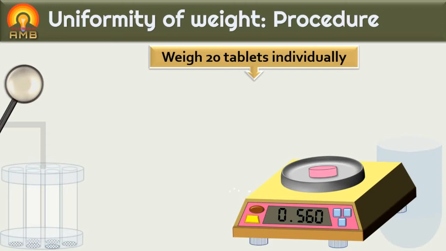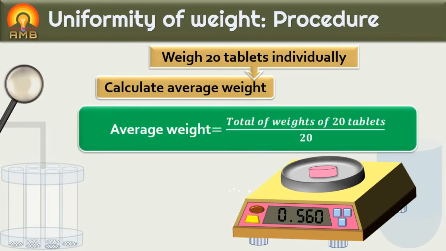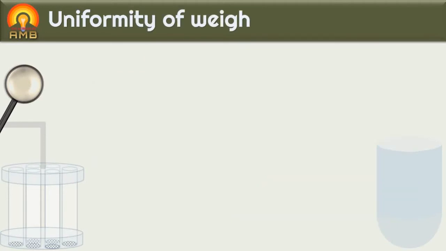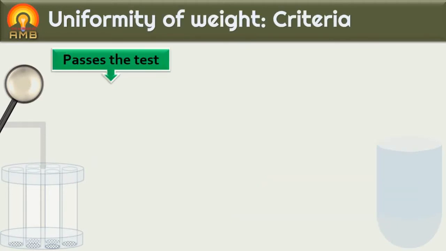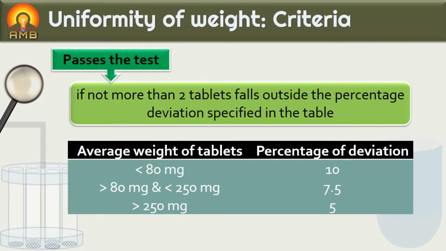Calculate the average weight by using the formula: average weight is equal to the total of weights of 20 tablets divided by 20. The tablets pass the test if not more than 2 tablets fall outside the percentage deviation specified in the given table. Let's discuss with an example.